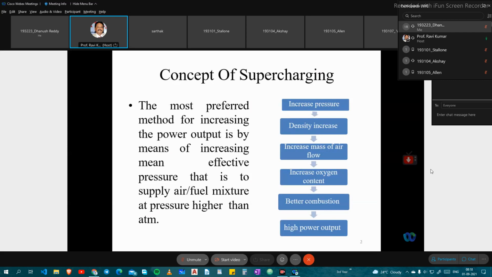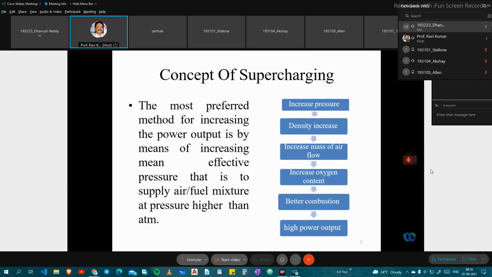The most preferred method for increasing the power output is by increasing the mean effective pressure, that is, the supply of air-fuel mixture at a pressure higher than atmospheric pressure. In a naturally aspirated engine it is atmospheric pressure, and by adding the supercharger, we additionally increase the pressure and temperature and send it inside the engine, improving engine efficiency and complete combustion.